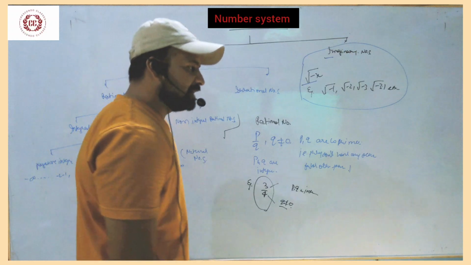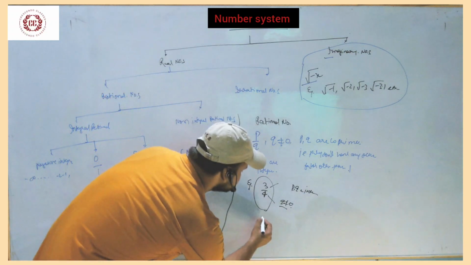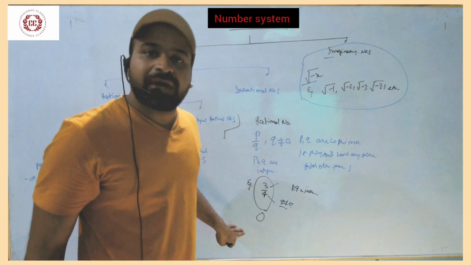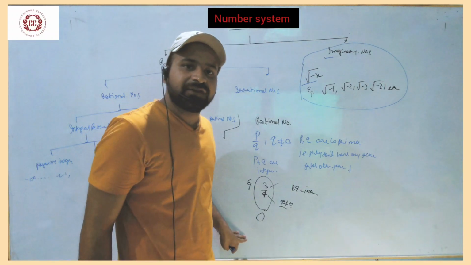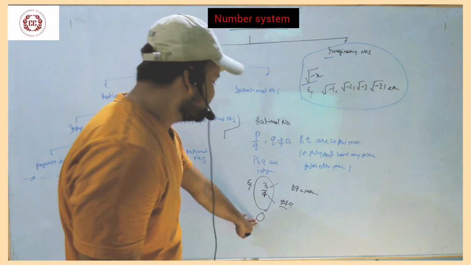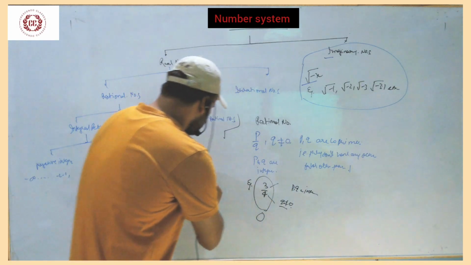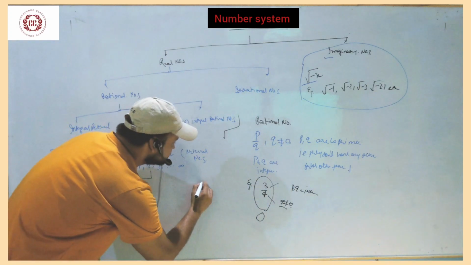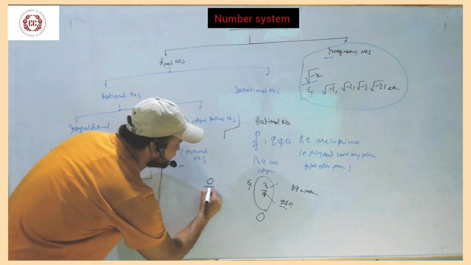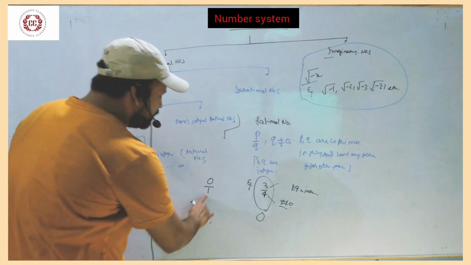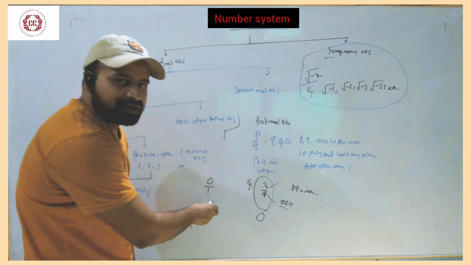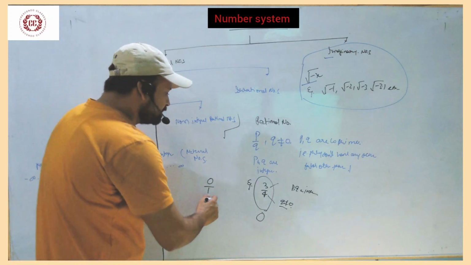Another example we can take is 0. Can we call 0 a rational number? Yes, we can say this is a rational number, because 0 can be written as 0 upon 1 or 0 upon any number in the denominator.